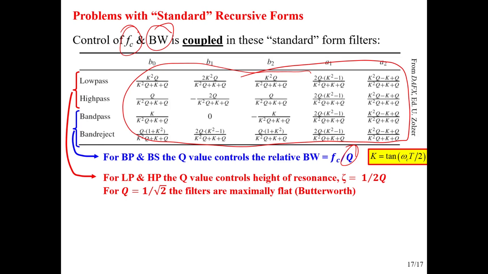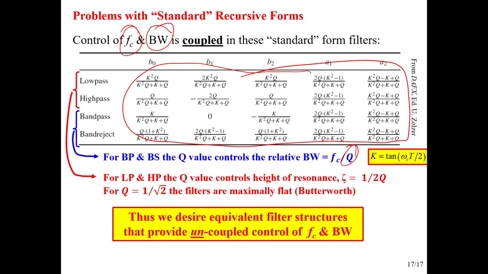Now, that's not super problematic, but if you're trying to just shove a simple audio filter into some other system that's running on some embedded processor and you're not being allocated much processing power, these things can be a little troubling because you have to recompute all your coefficients every time omega sub C and Q are changed. So there's a lot of coupling that goes on in here.